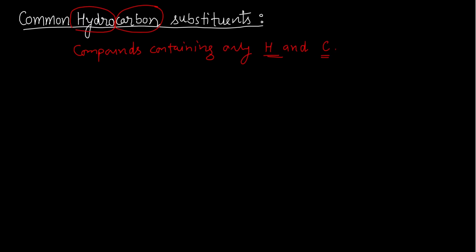Hydrocarbon compounds can be categorized in multiple categories. So let us see what the different categories falling under hydrocarbons are. The first category is alkanes.